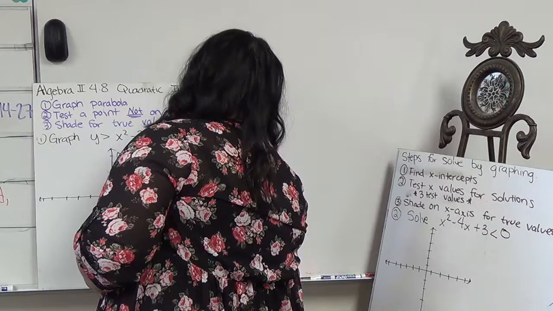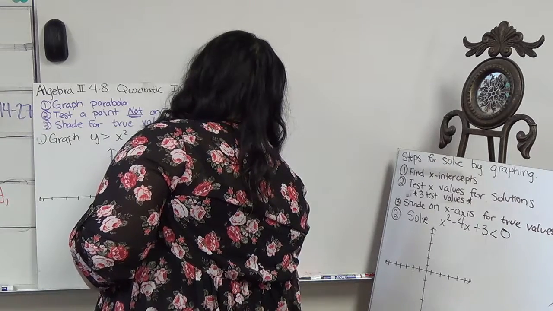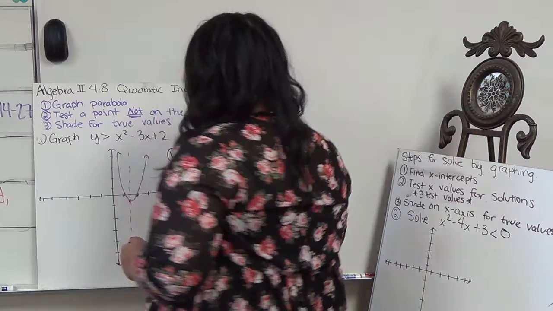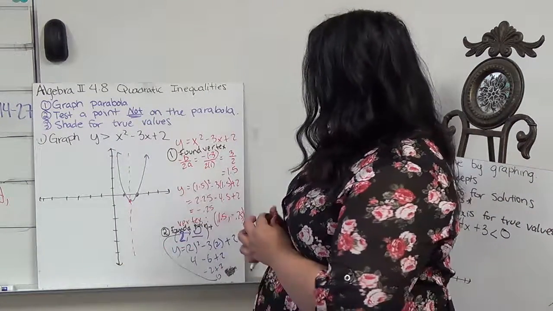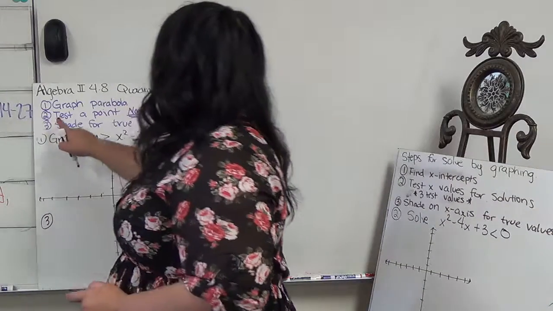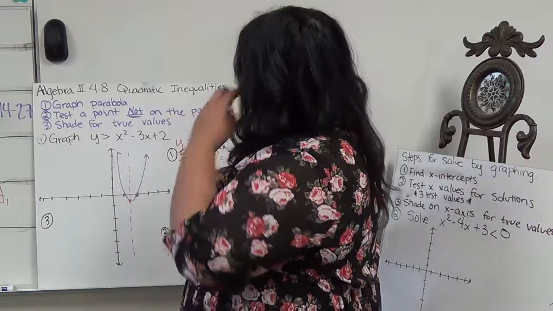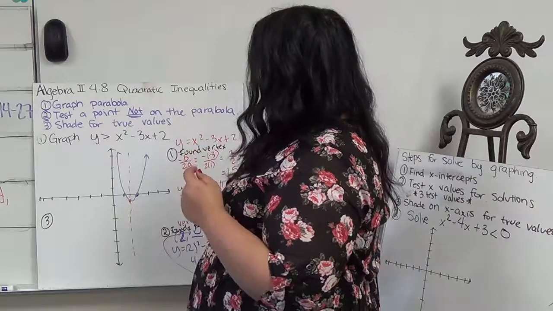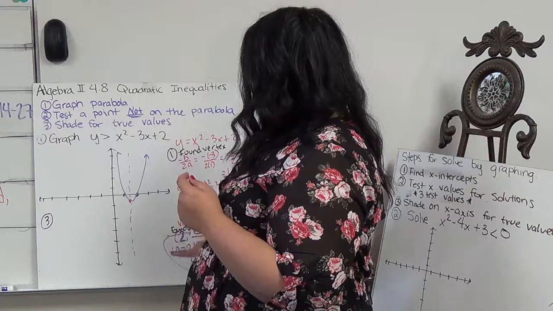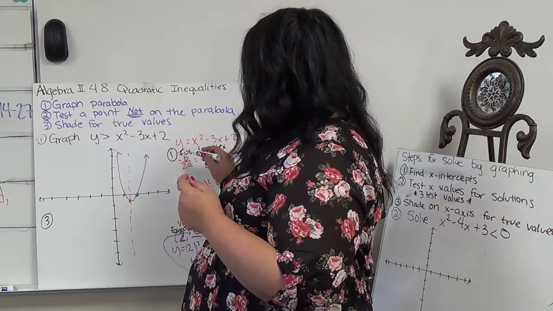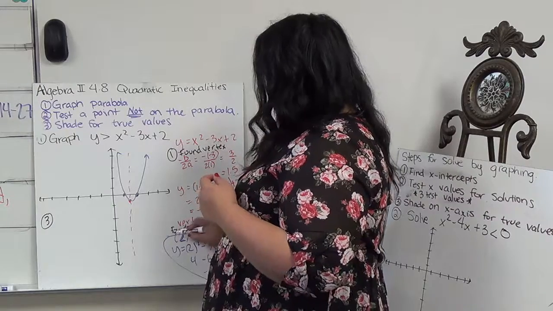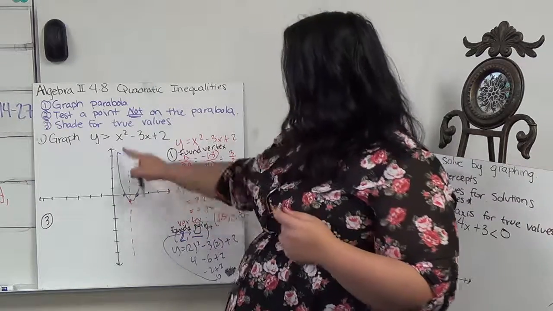My second step, I found a point on the parabola, and then I copied it to the other side. So my first step is graphing. I graphed the parabola by finding the vertex, and then I found a point to graph.